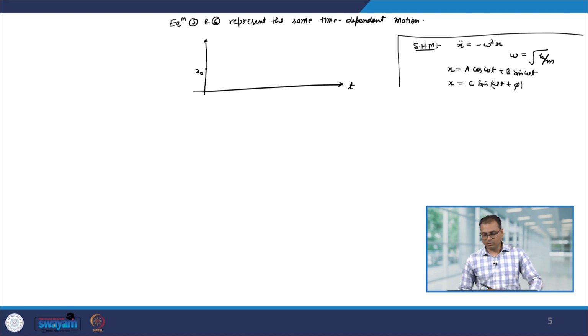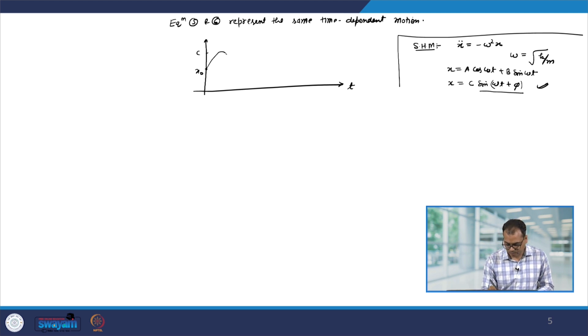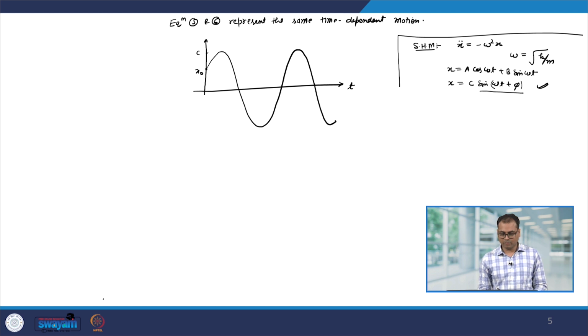Now, the maximum value of x can be when sine is maximum and its maximum value is 1. So, x can be c at max, and since it is a sine function, the motion will be something like this.